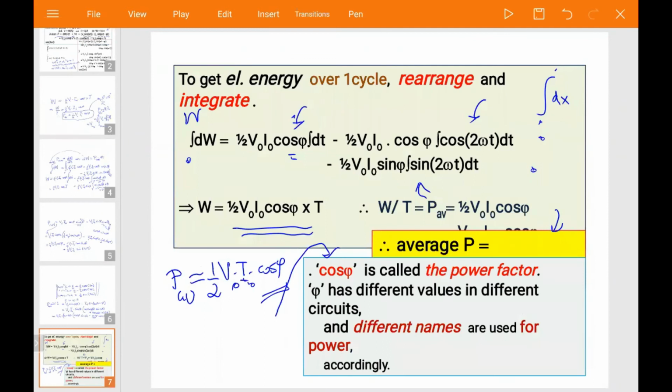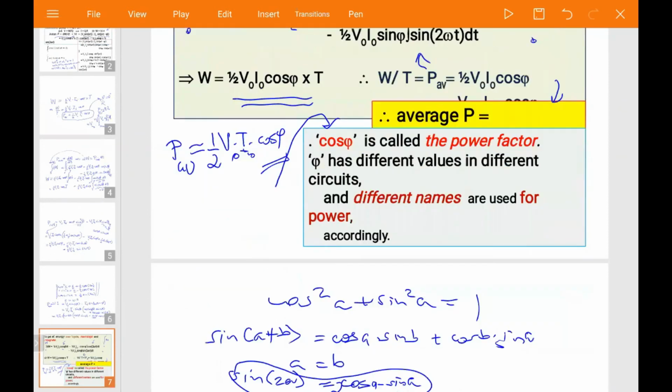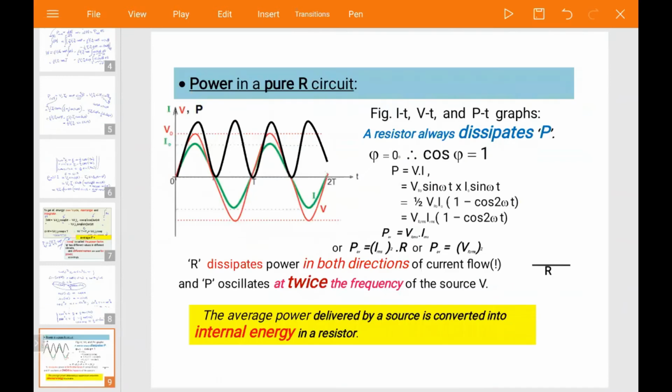See, when you have a pure R circuit, since current and voltage are in phase, the multiplication of both gives you a positive power in black. When you look at the red and the green sinusoidal curves, current and voltage being in phase, and you multiply voltage and current, you get simply positive.